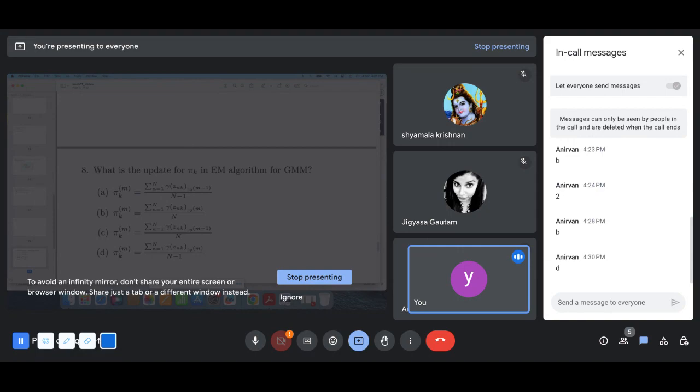So what is the update for pi k in the EM algorithm for GMM? This should be simple if you refer to your lecture. That's a standard question regarding this GMM.